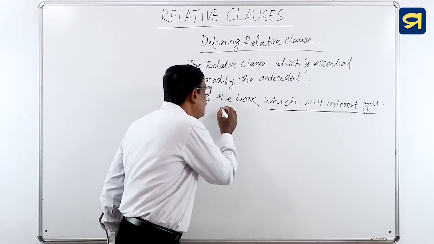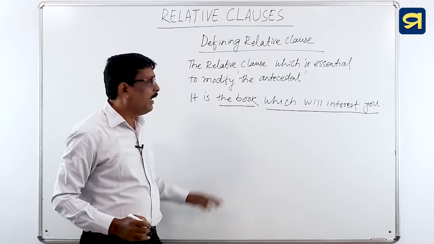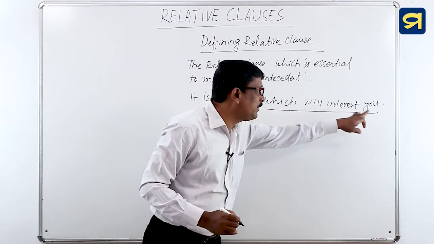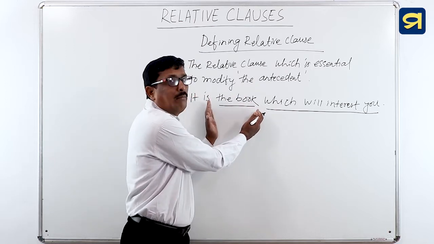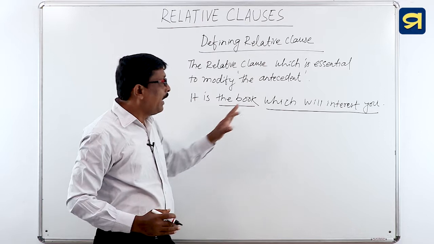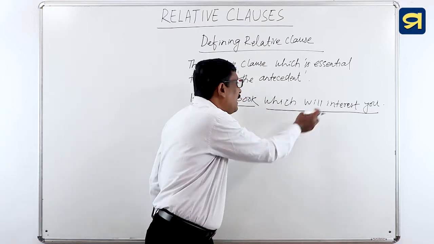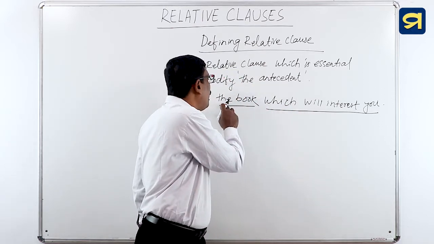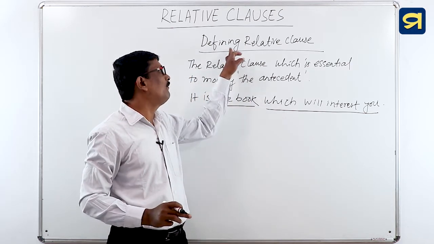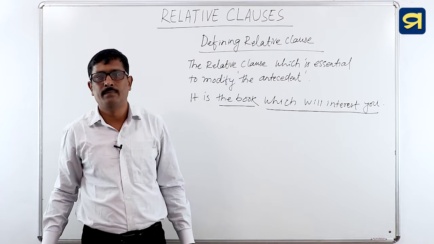And here the antecedent is the book, and book is the noun. And the clause which will interest you modifies the noun, the book. And that's why the book is the antecedent. And here the relative clause is essential to modify the antecedent, the book. So the clause is a defining relative clause.